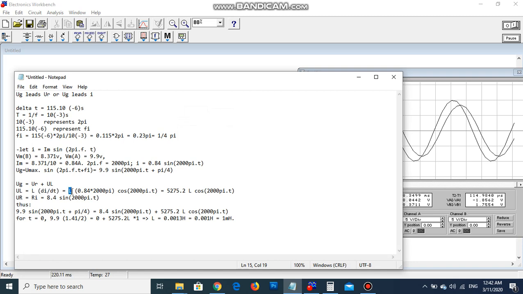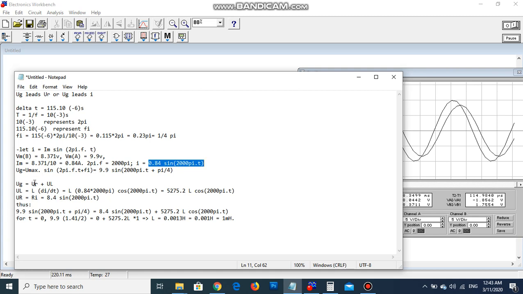So it is L times, this is I, by deriving it, it is 0.84 times 2000 pi cosine 2000 pi t. If I multiply these numbers, then I get 5275.2 L cosine 2000 pi t. And UR is RI. It is this number multiplied by 10, which is 8.4 sine, etc.